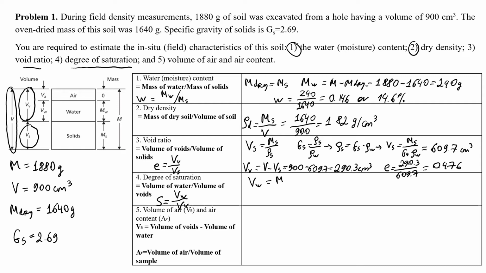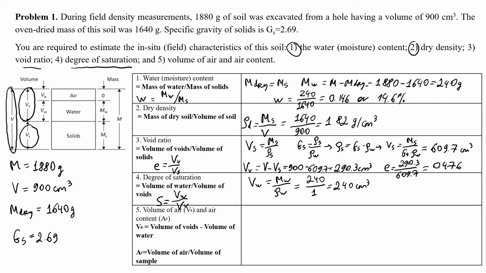It's mass of water divided by density of water. We know the mass of water because we measured it and we already obtained it in the first question. It will be 240. And the density of water is assumed to be 1. That will give us the volume of water 240 cubic centimeters.